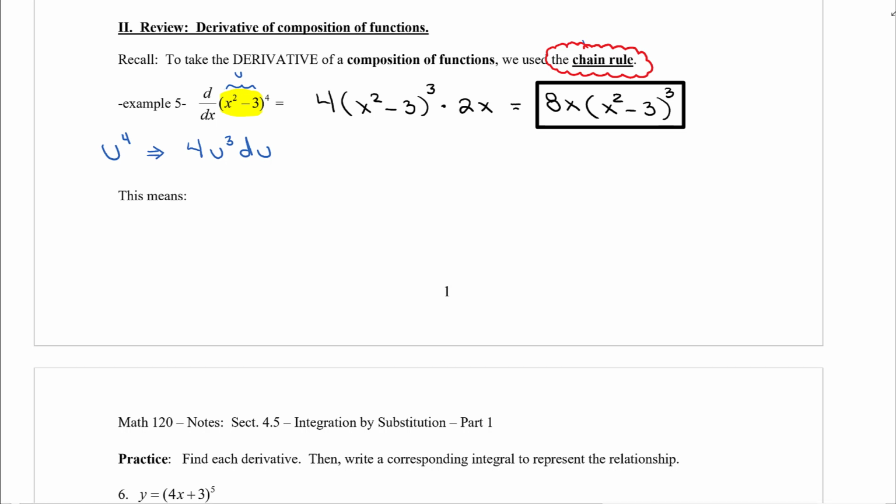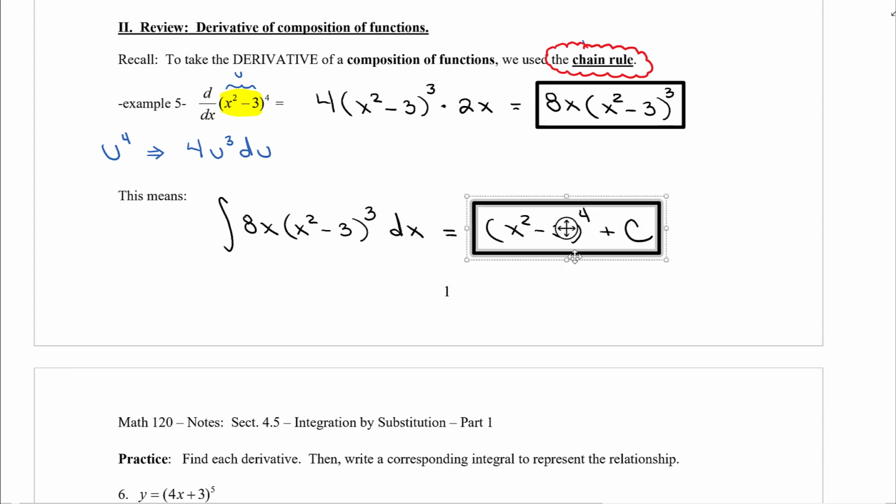So this means that the integral of 8x times (x squared minus 3), all raised to the 3rd power, dx is equal to (x squared minus 3) raised to the 4th power plus c, box that in.